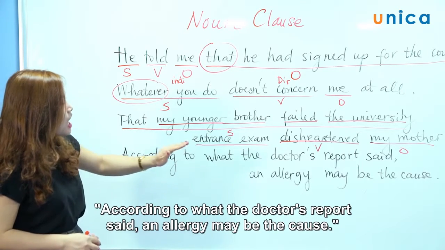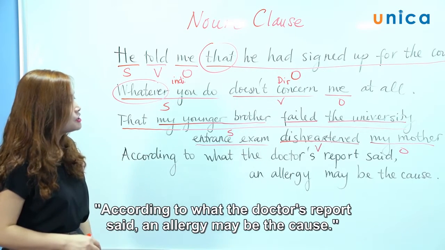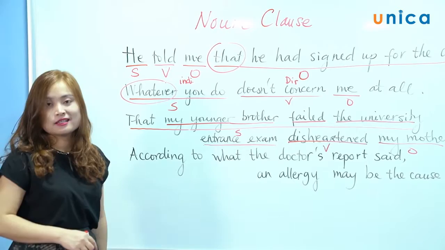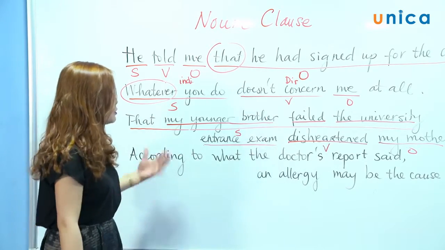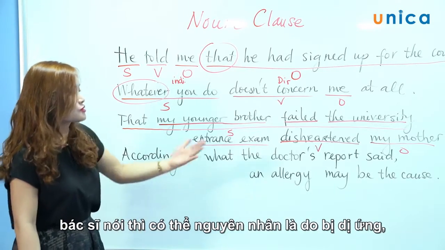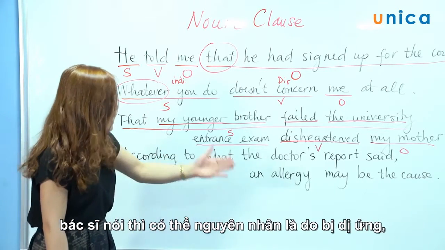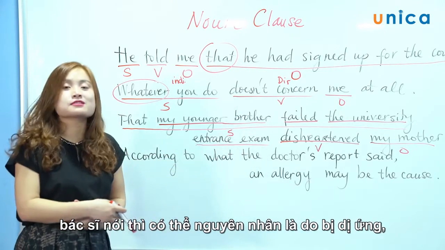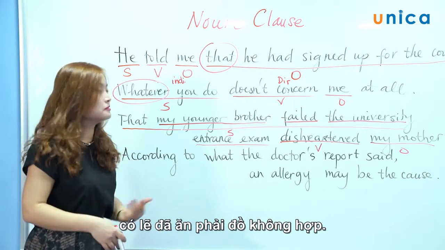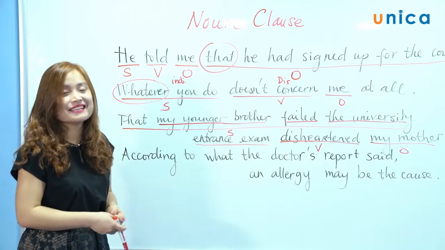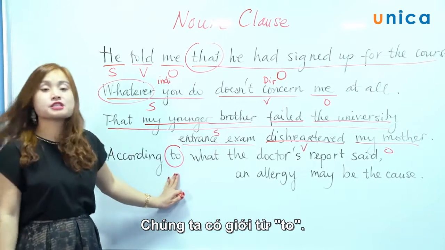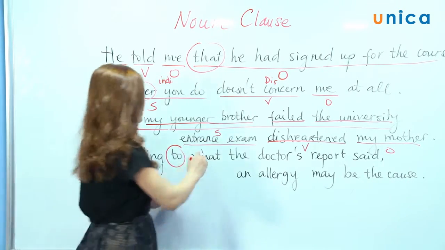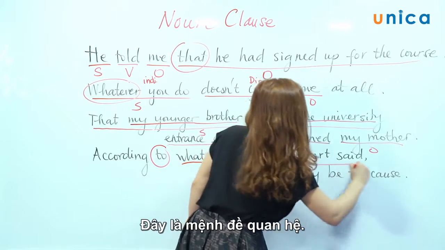And the last one: according to what the doctor's report said, an allergy may be the cause. For example, you see a lot of red spots on your skin. And according to what the doctor's report said, an allergy may be the cause. Maybe I ate something unpleasant. So here we have the preposition to, and of course, this is my noun clause.